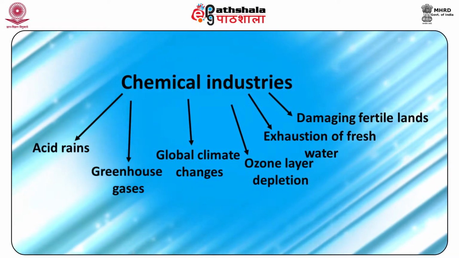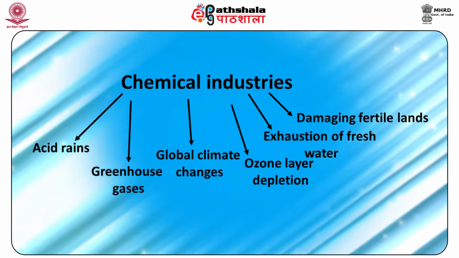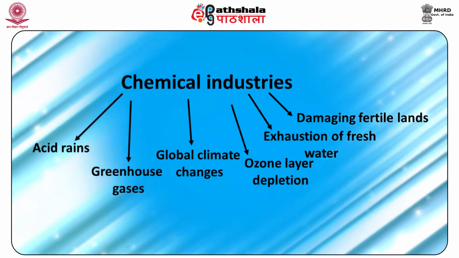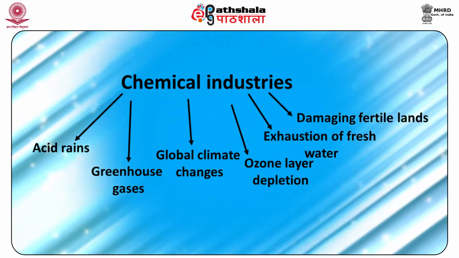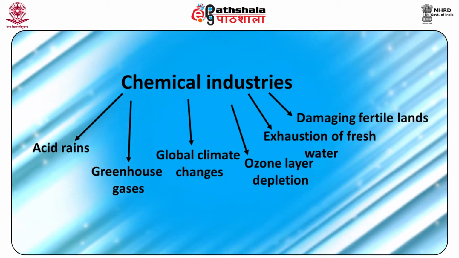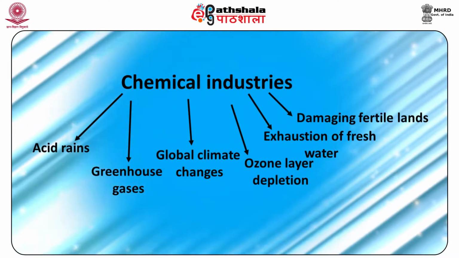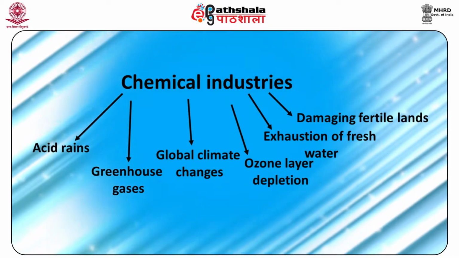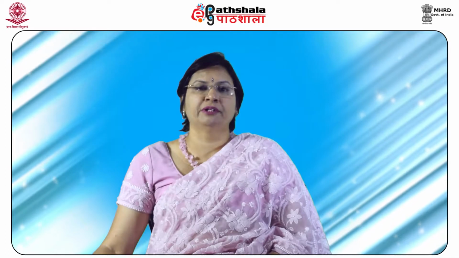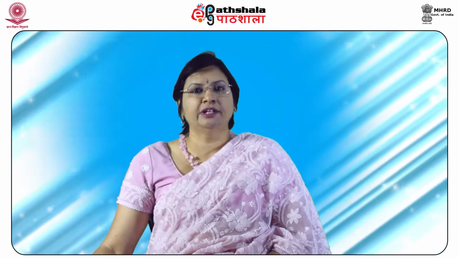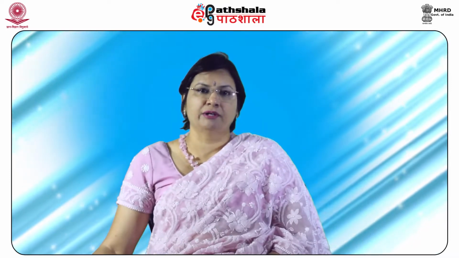The main reason for the pollution is the extension of chemical industry that causes acid rains, greenhouse effects, global climate changes, ozone layer depletion, exhaustion of fresh water and damaging the fertile lands. And it has been revealed that the growth in chemical industry causes a very serious threat to people's health and the environment.